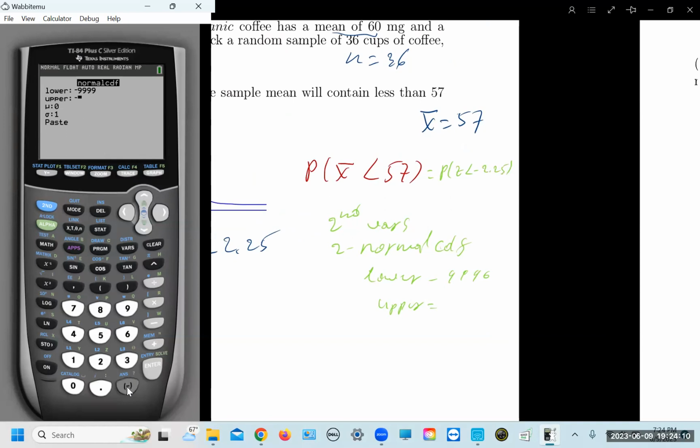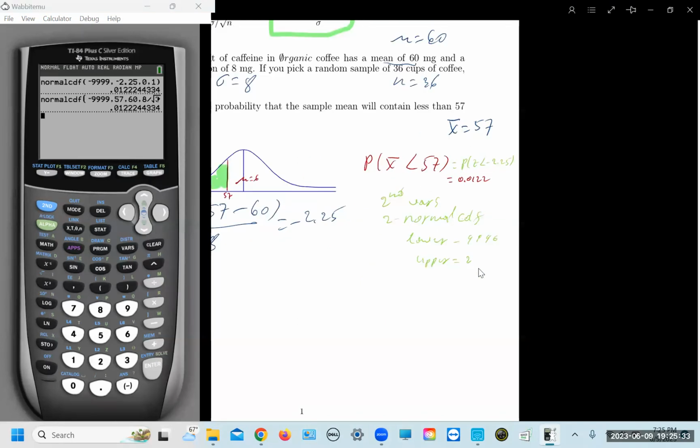So the upper is minus 2.25, and we paste that, and the mu is 0 and the sigma is 1. So this one will equal 0.0122.